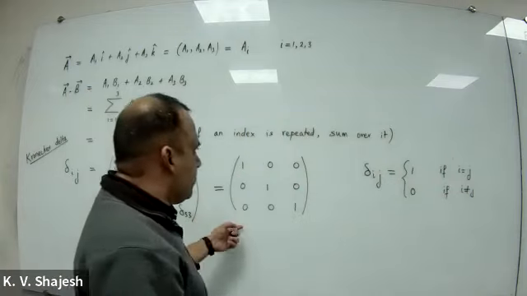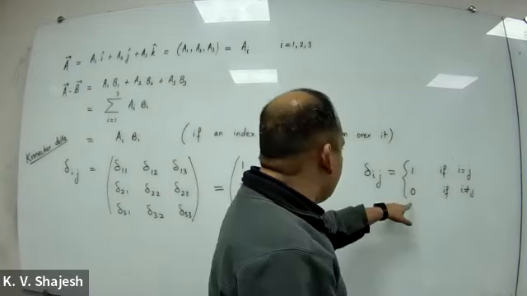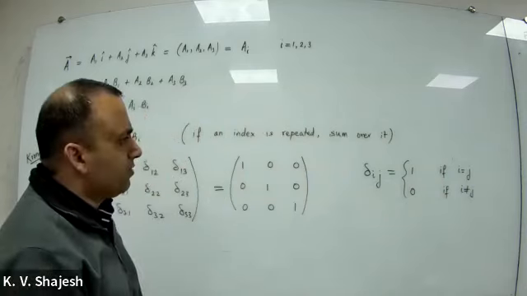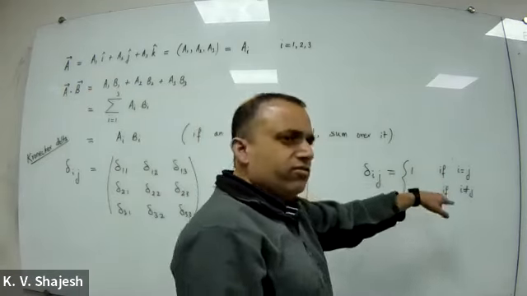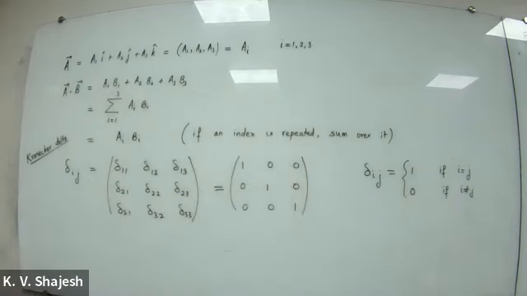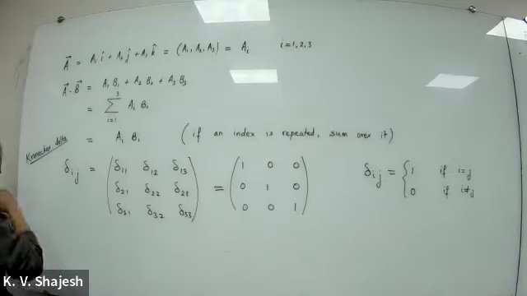It's an identity matrix, or it's a symbol, a rule saying that its components are 1 if i is equal to j, and its components are equal to 0 if i is not equal to j. With this information, let's consider the quantity.